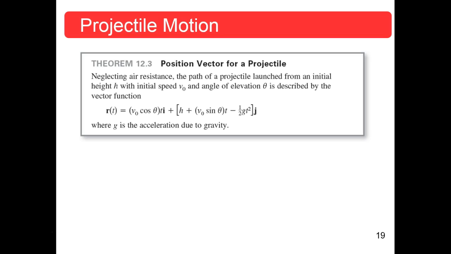R of t is v0, the speed, times the cosine of that angle, times t i. That's the only thing ever in your horizontal velocity direction. That's your only horizontal velocity. It doesn't change. Well, no, it does. As time increases, that shows it's increasing.